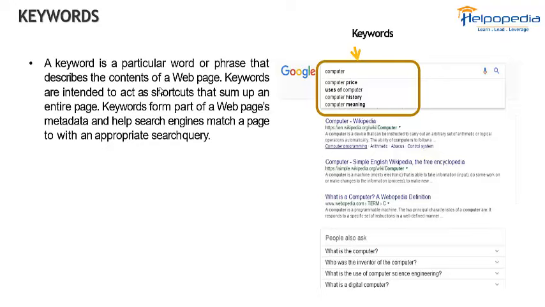So we should use the keywords which people are searching. That is what I meant to say: before using any keywords in our content, the most important thing is to first know whether people are actually searching for those keywords or not. That is keyword research, which we will be taking up.